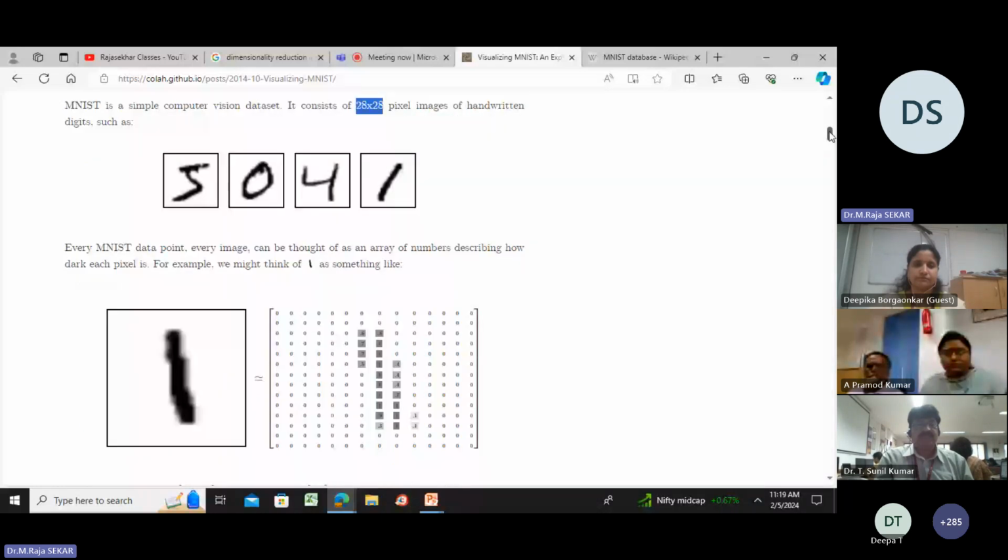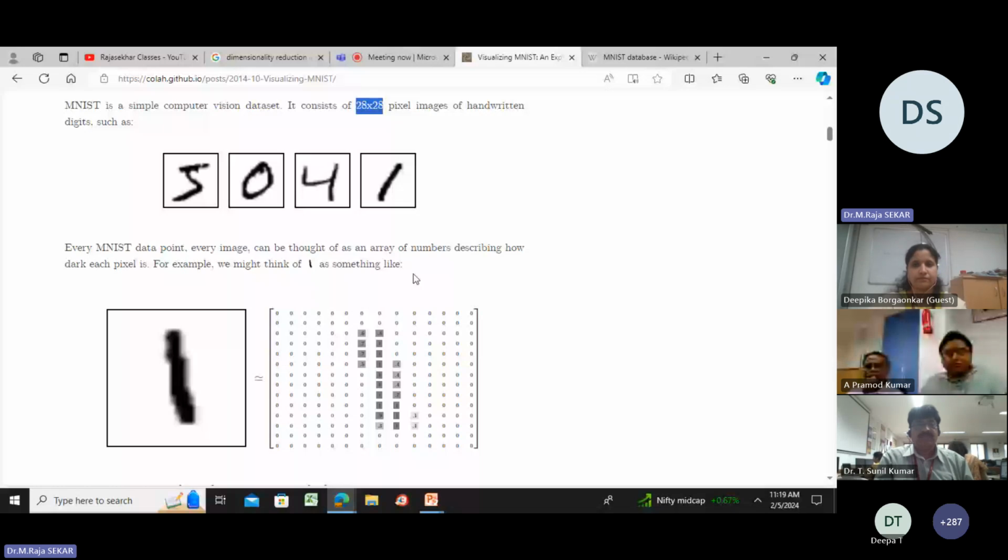Even now everyone is saying deep learning, convolutional neural networks, where we need images. First, we must understand what an image is. In a computer, how can we represent an image? We can represent an image in the form of a matrix.